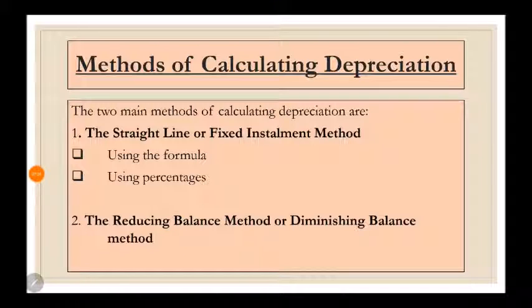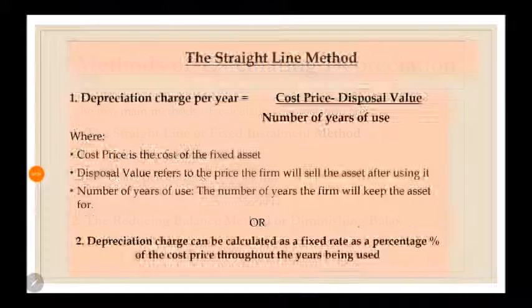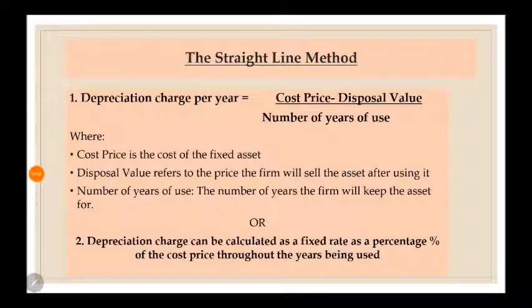The second method, and as I said, there are two methods, not three. So the second method is the reducing balance method or diminishing balance method, which is the use of percentages. And you will see that hopefully in this video, or I will send another video for you. So let's go. The straight line method.